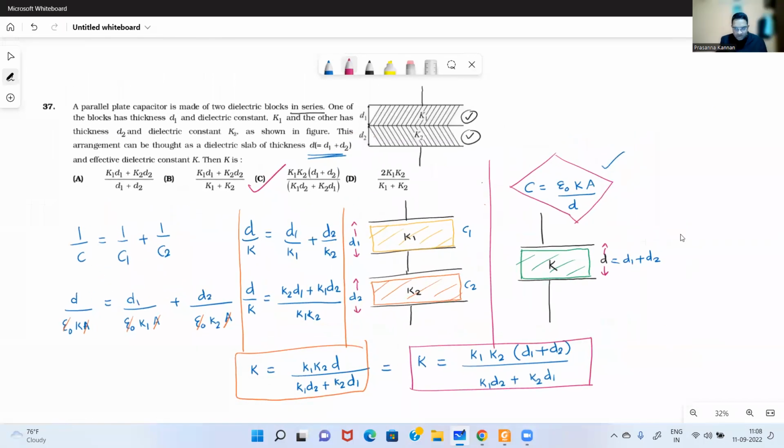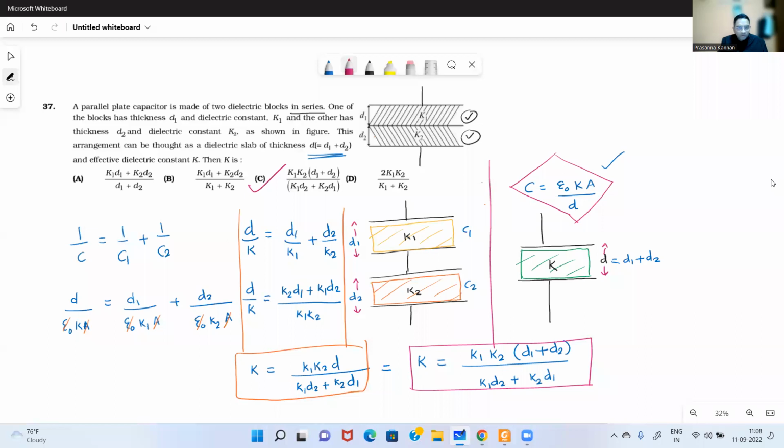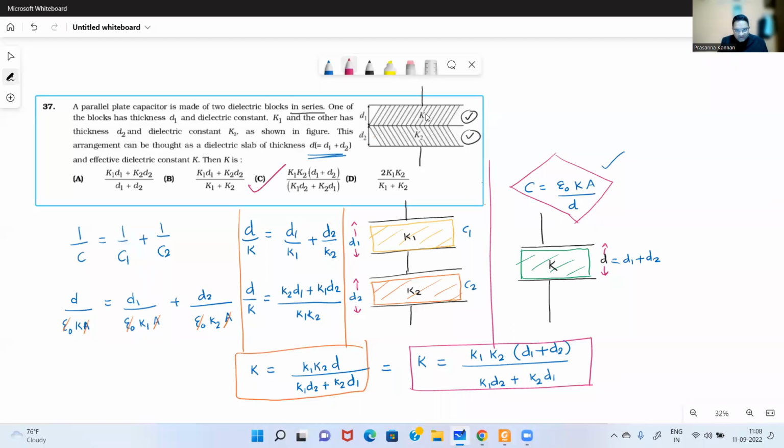Now let me just explain it once more, everyone. A parallel plate capacitor is made up of two dielectric blocks as shown in the figure, which are connected in series. One of the blocks has thickness D1 and dielectric constant K1, and the other has D2 and constant K2.